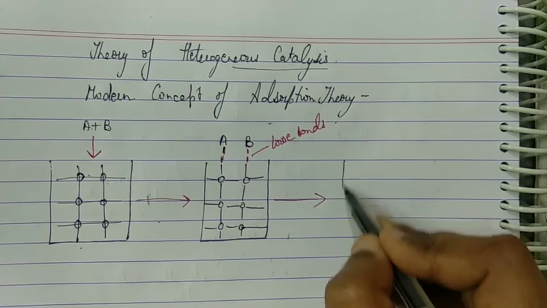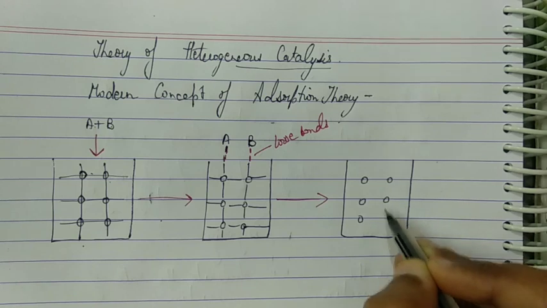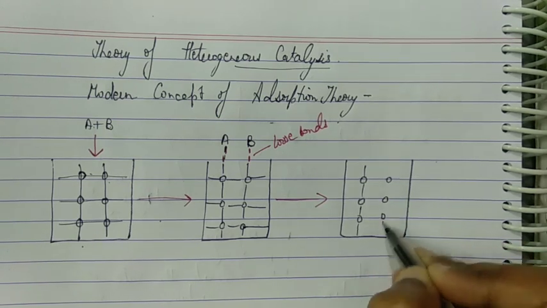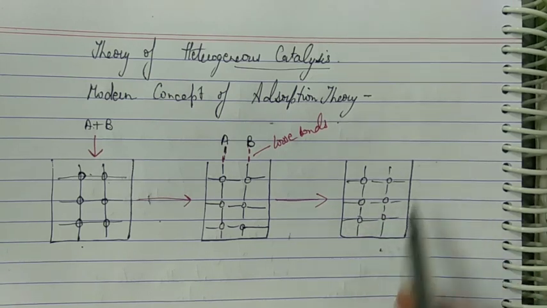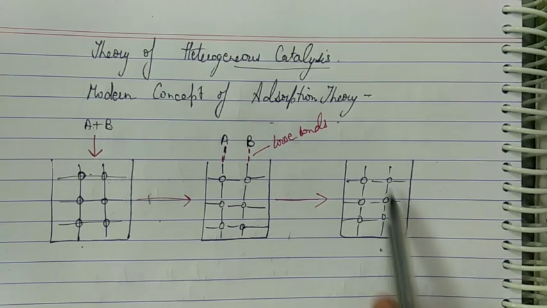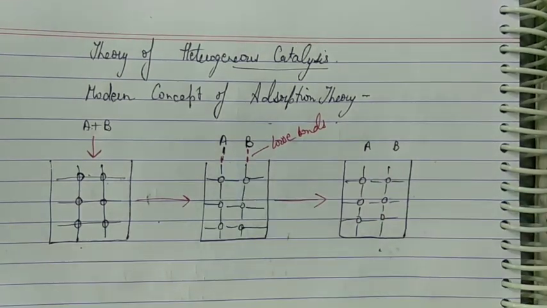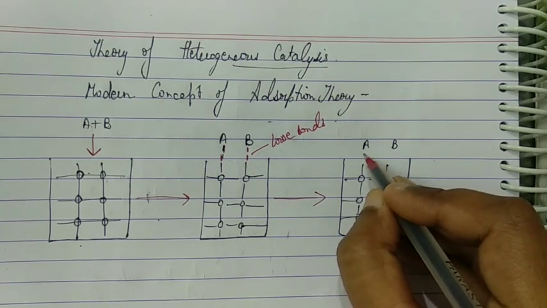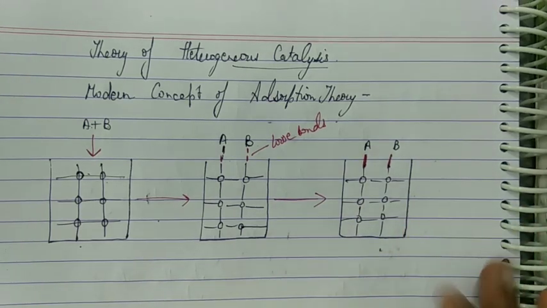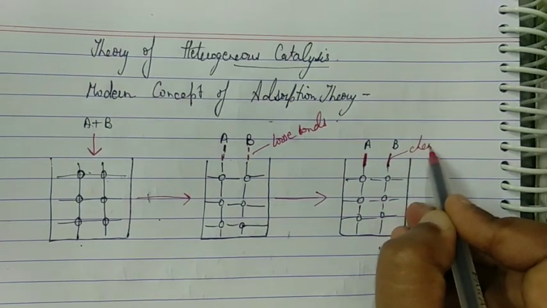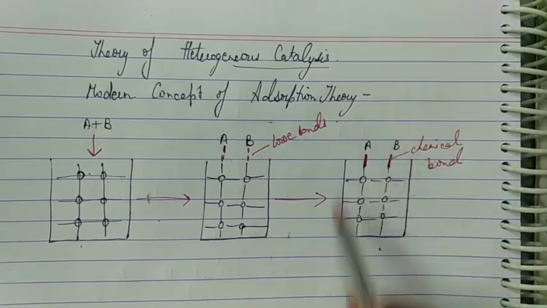Let's see how that intermediate product will be formed. Here is the catalyst with active sites or free valencies on its surface. A and B, this loose bond will now convert into a chemical bond, and this is an intermediate product.